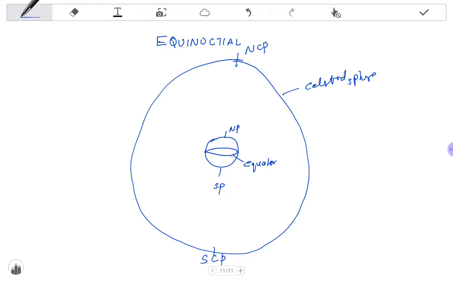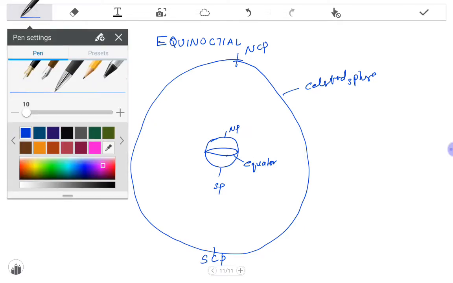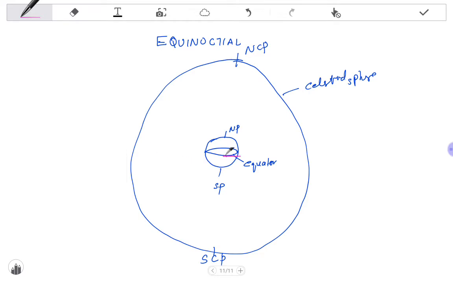In this celestial sphere we are projecting the equator of the Earth, so the equator will be projected like this. This projection of the Earth's equator on the celestial sphere is called the equinoctial.